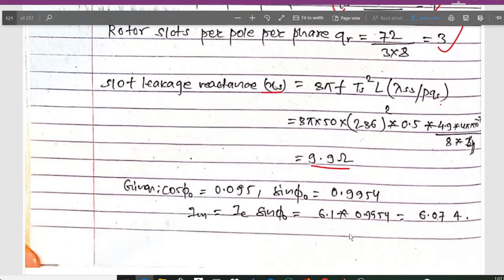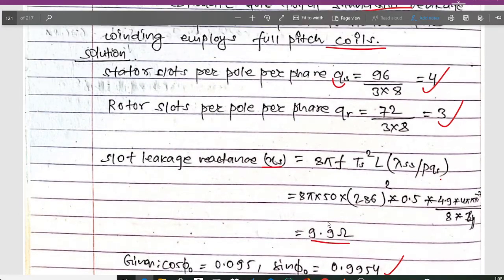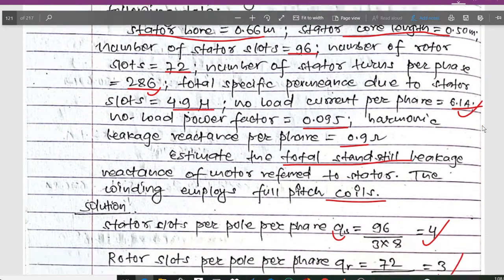Now the power factor is given as cos phi naught equal to 0.095, so sin phi naught is root under 1 minus cos square phi naught, which is 0.995. Im is equal to I naught sin phi naught, where the no load current I naught is 6.1 ampere.